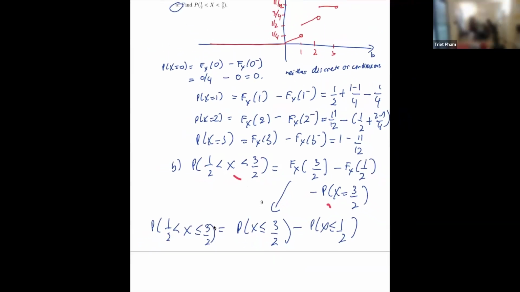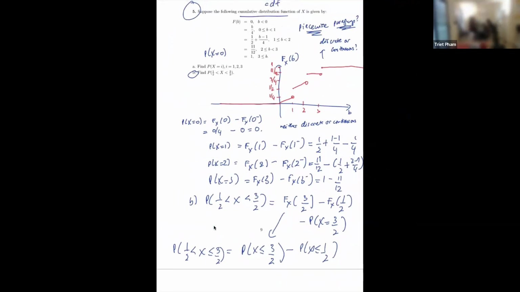That's perfect. Now, of course, we can plug in 3/2 into here, and 1/2 into here. But what about probability X equals 3/2? How do we find that? What is probability X equals 3/2?